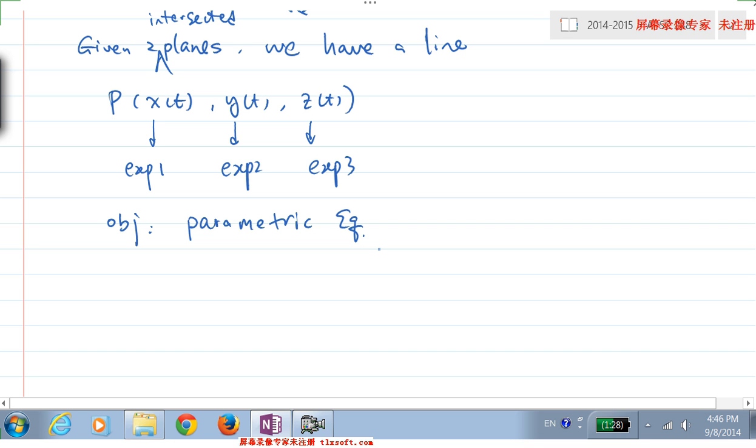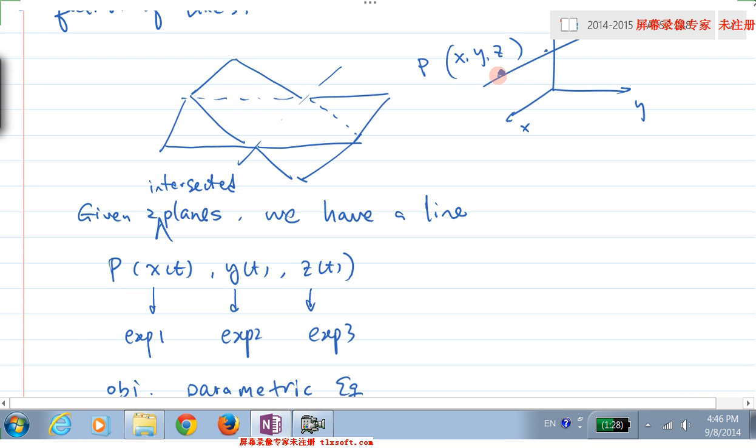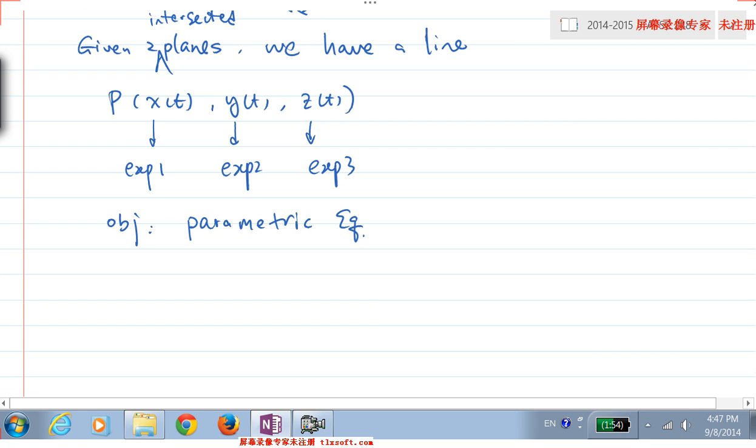What does it describe? It describes the motion of the point P on the line L that you're looking for.